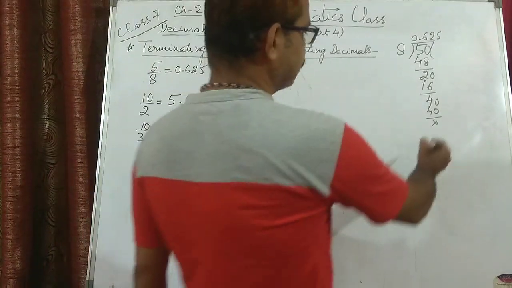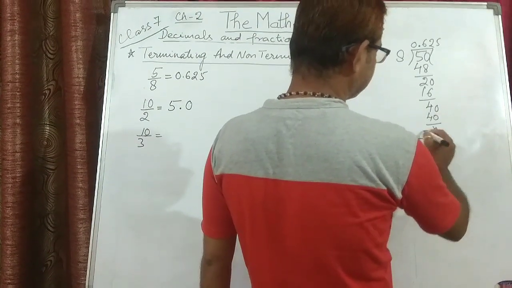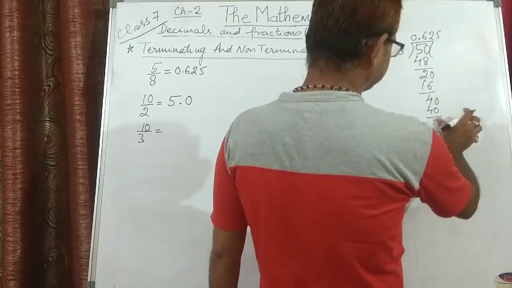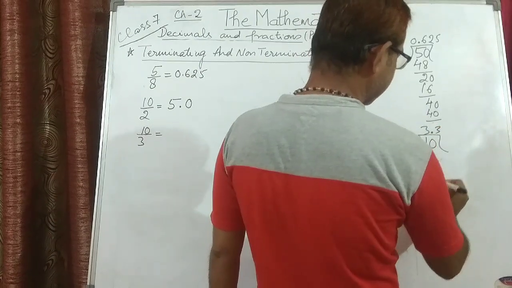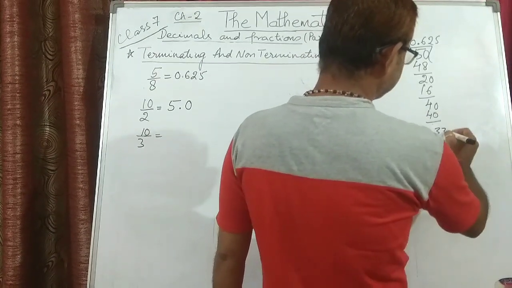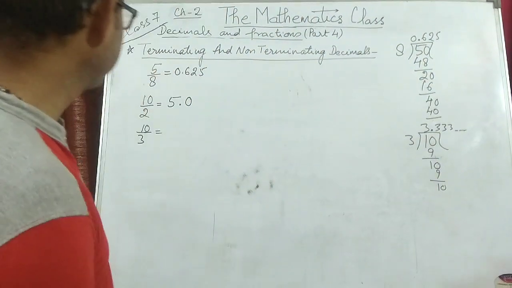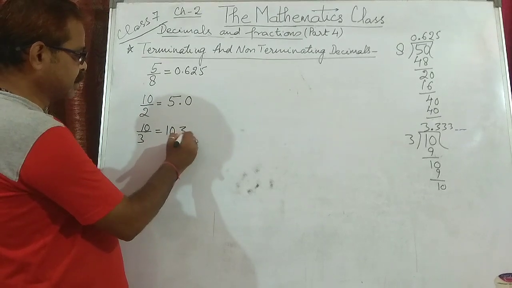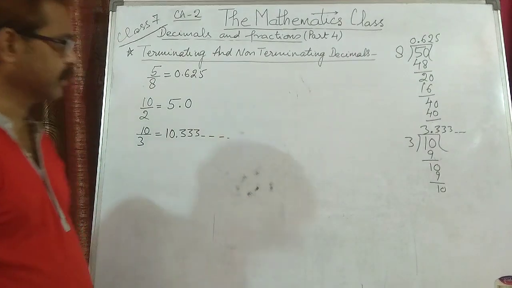Let's take one more example, 1 upon 3, or let's say 10 upon 3. When you divide 10 by 3, you will get 3 3 is a 9, 1 left, put a decimal, add a 0, 3 3 is a 9, again 1 0, 3 3 is a 9, and so on. In this case, you can see the decimal that is coming is 3 3 3 and so on continuously.